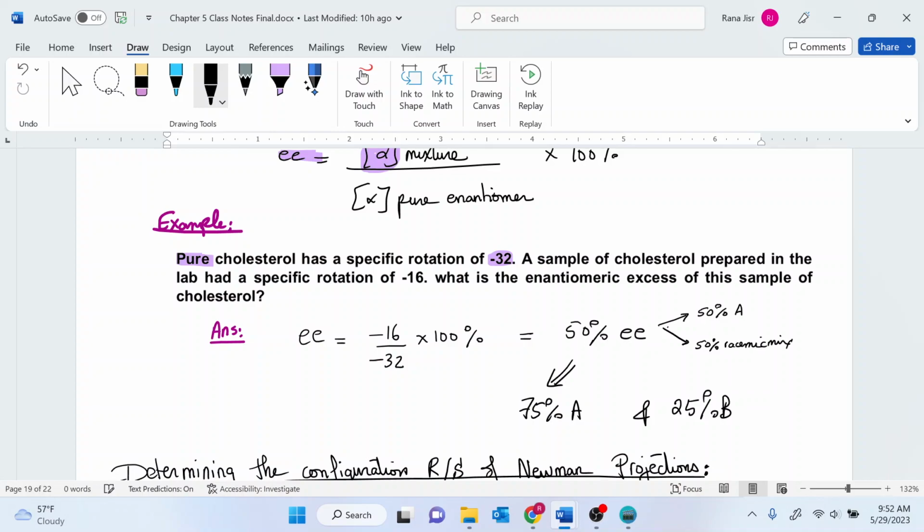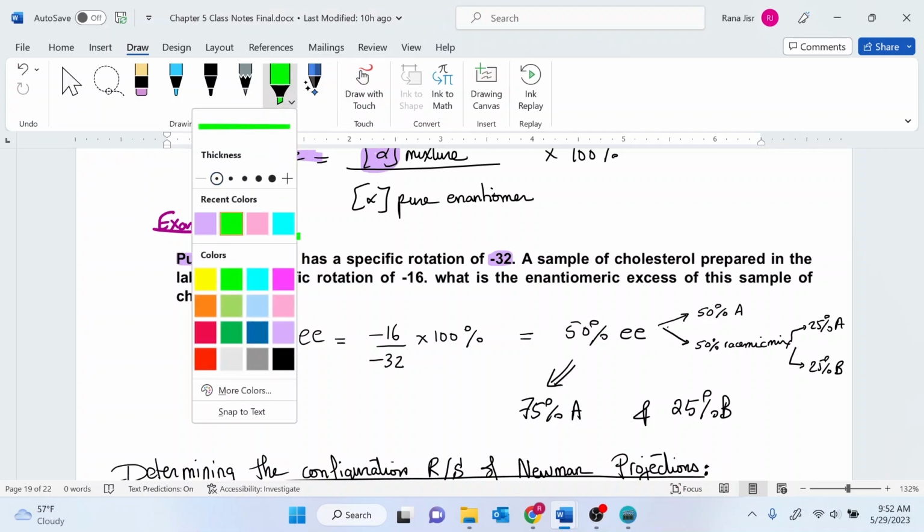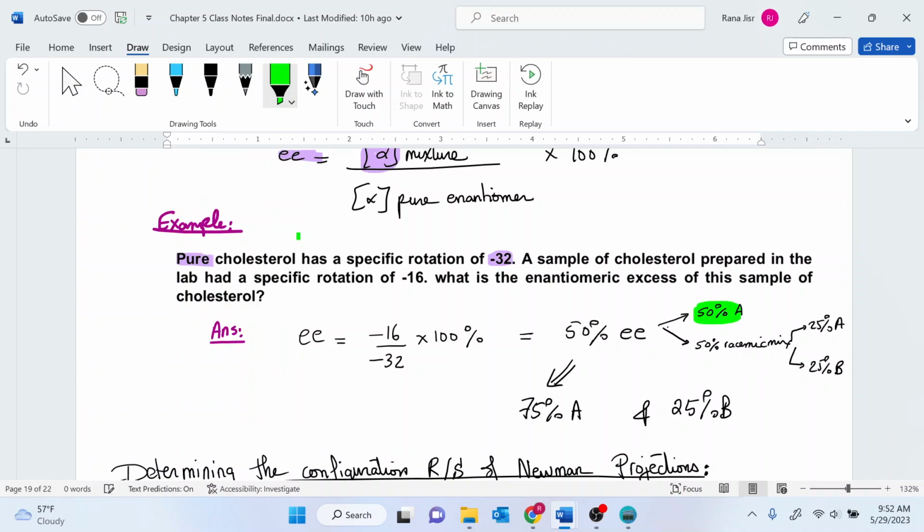And that mixture has 25% A and 25% B. So I can easily calculate the percentage of A, which is 50 plus 25, that is 75% A, and the leftover is going to be 25% B. This way I can know exactly the components of the enantiomers in the mixture.